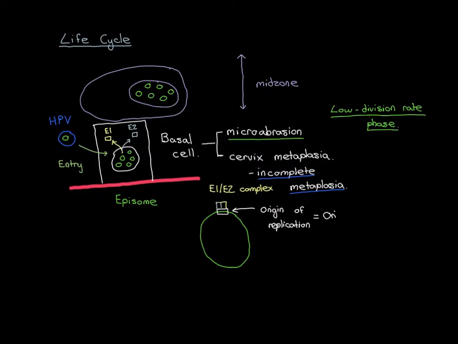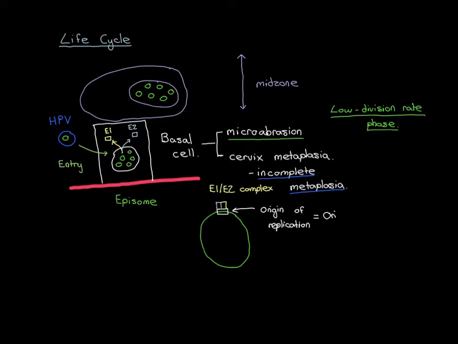So we still have only a few viral episomes in each nucleus of the two daughter cells. We don't have thousands yet, whereas in the high production part you'll end up with thousands of viral genomes being produced inside each cell.